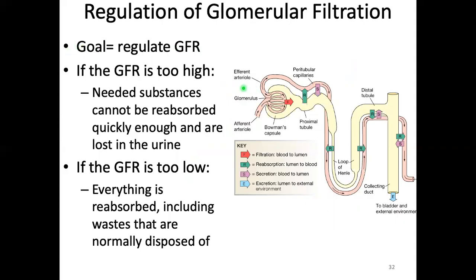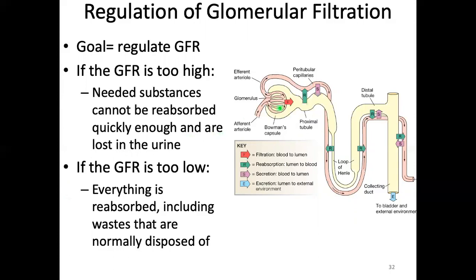filtration rate constant. Why? Okay, so if your glomerular filtration rate is too high, then urine's going to flow through the tubes too fast and you're not going to pull in what you need. If glomerular filtration rate is too low, then everything's going to go through the tubes really slowly and you're going to pull in wastes, and normally you kick out wastes.